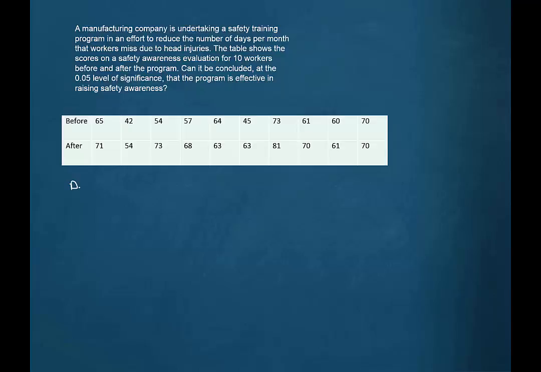Now, since we have dependent sets of data, and we know that they're dependent because the same subject was used to generate two different data values, we are going to conduct a paired t-test.